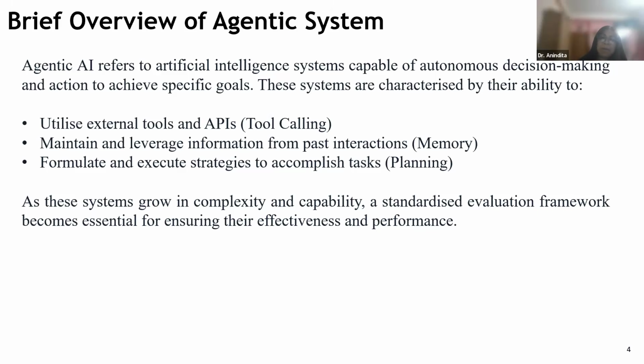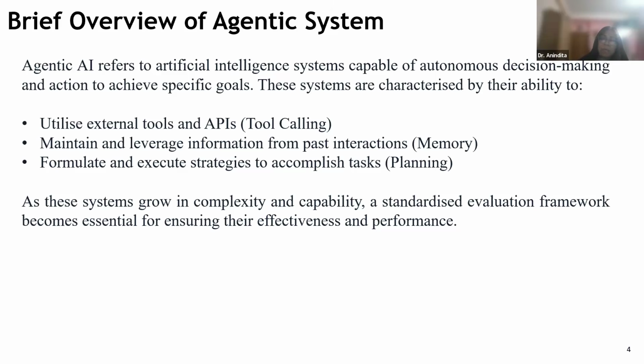Second thing is memory. We'll see there are two types of memory: short-term and long-term memory. Why is it required? For maintaining and leveraging information from past interactions. Definitely, if we have to give the proper response, we have to save the past interactions somewhere, right? Based on that, it can do the processing and give the response.